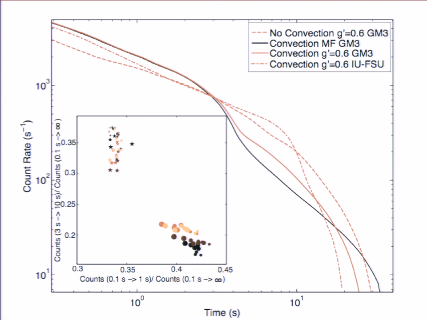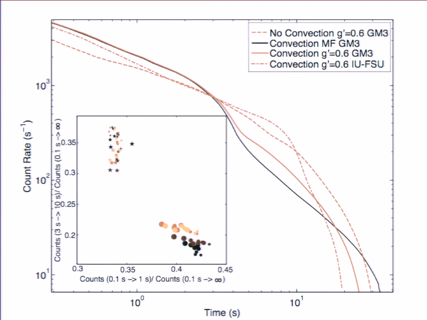You can do it for a couple of other equations of state and you see the same behavior. As you increase the derivative of the symmetry energy, this break moves backwards in time. So I think we're saying that this is a possible diagnostic of the derivative of the symmetry energy from looking at neutrino count rates. I've also shown you this dashed line here.